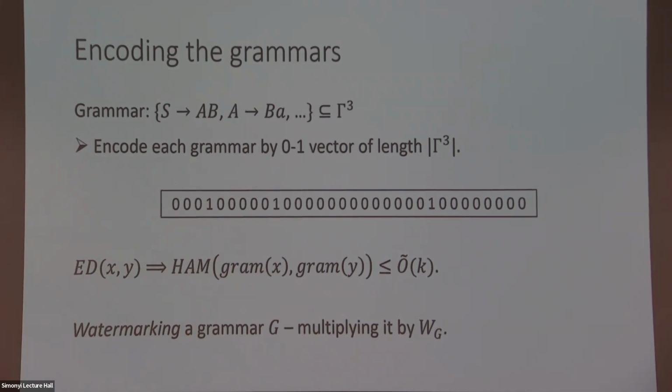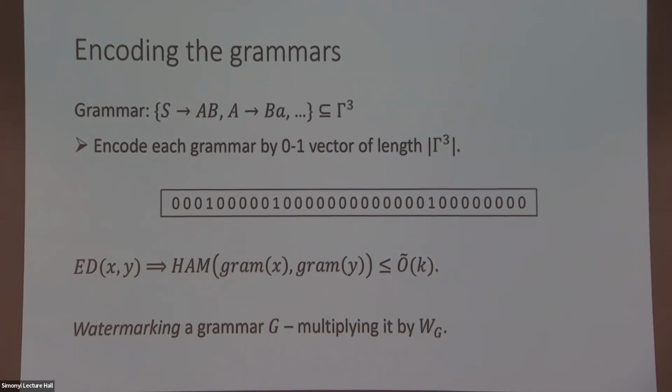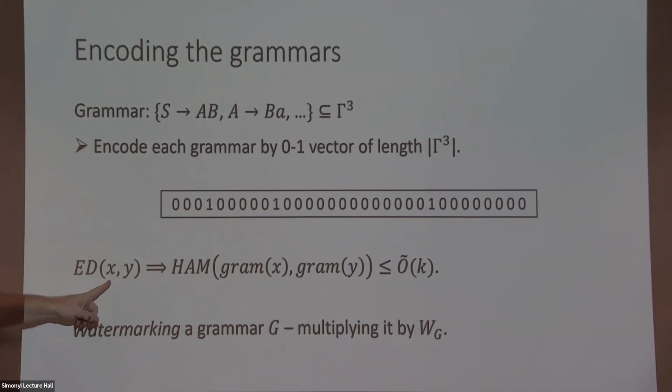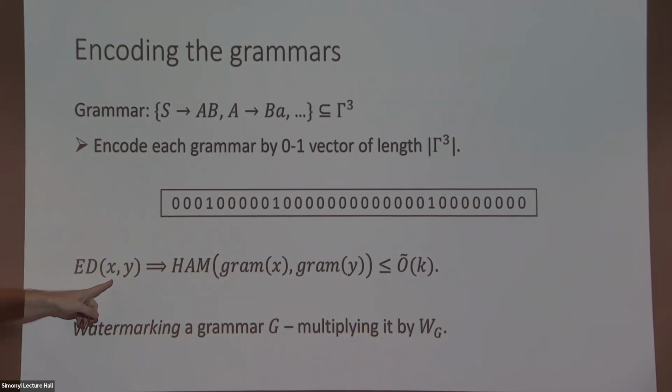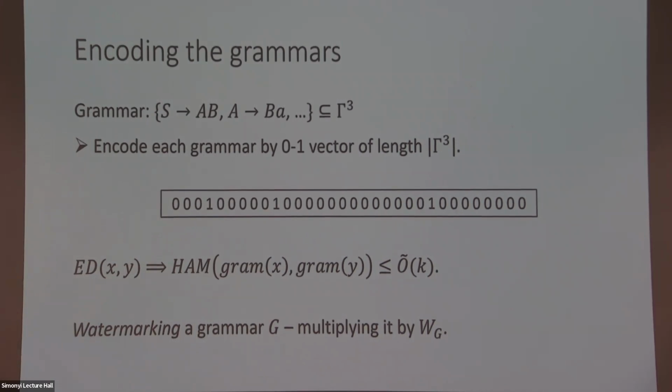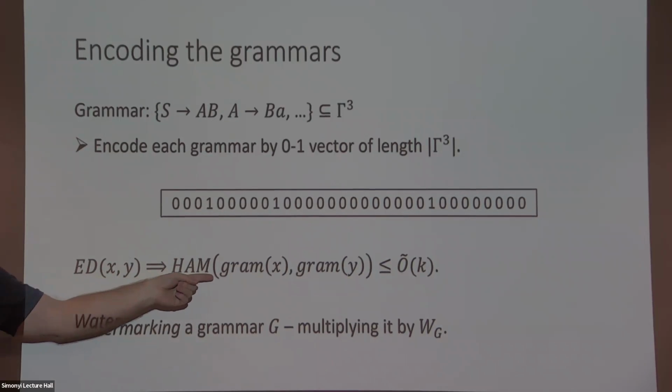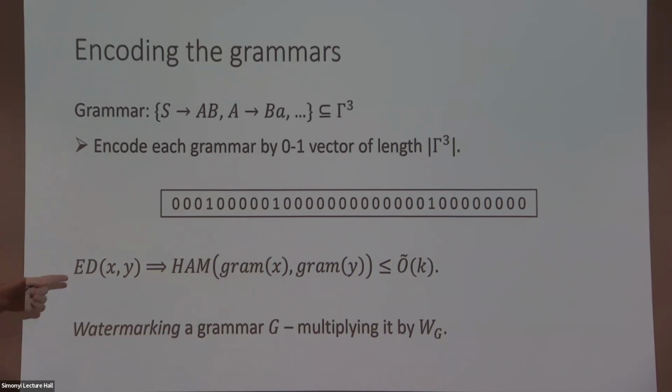In this sparse representation, an important property is that if you have two strings x and y and you build a grammar for them, then the Hamming distance of the two grammars is bounded by the original edit distance. You should see it from the picture of how we build the grammars.